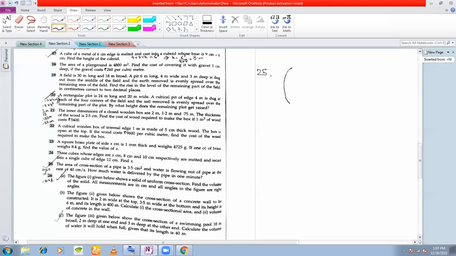If you look at the pipe sideways, this is a section of the pipe, right? And this part is circular, right? This is the cross section. So the cross section is a circle.